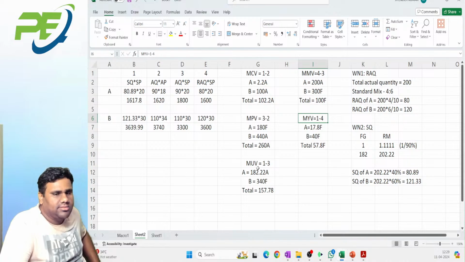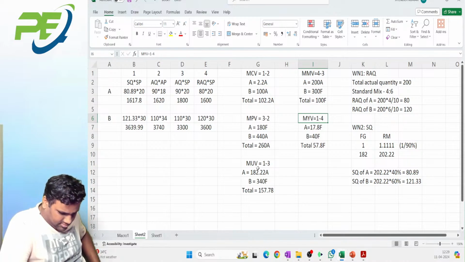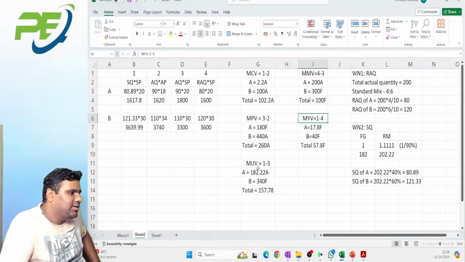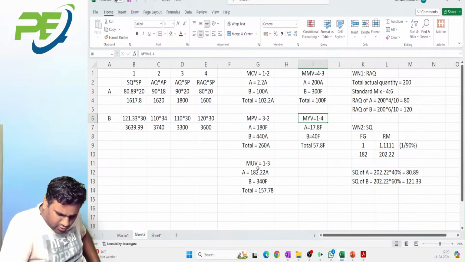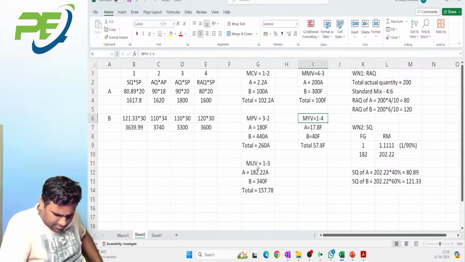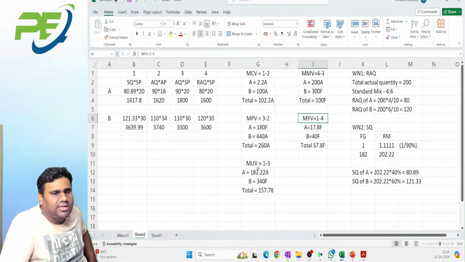Point number C. When we use more proportion of cheaper raw material and less proportion of expensive material, then mix variance will be favorable.